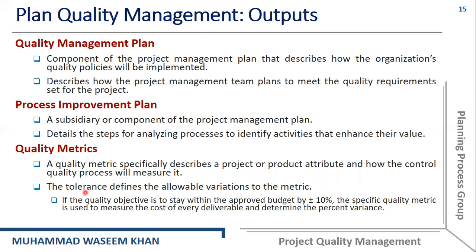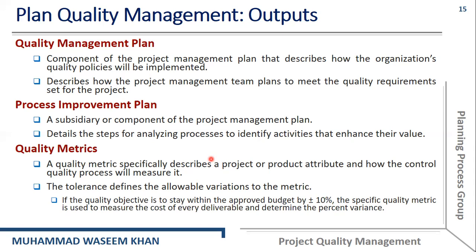The tolerance defines the allowable variations to the metric. So for every metric, we usually have tolerances. For example, let me tell you about the weight of a product. If you want to manufacture a mechanical product, then you can say that its size can be plus 10% or minus 10%.